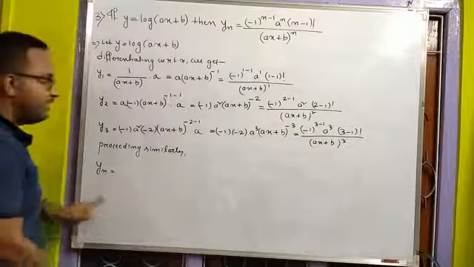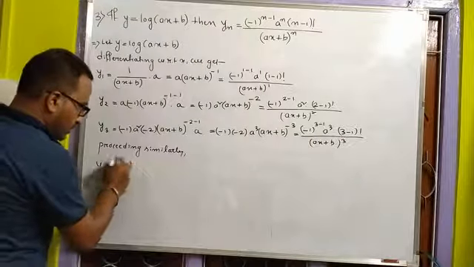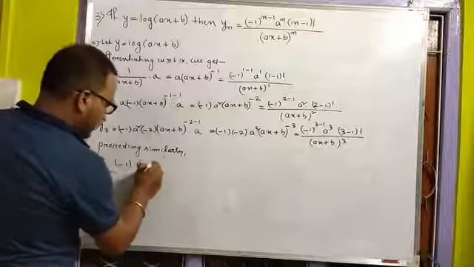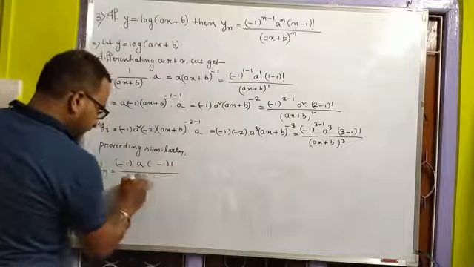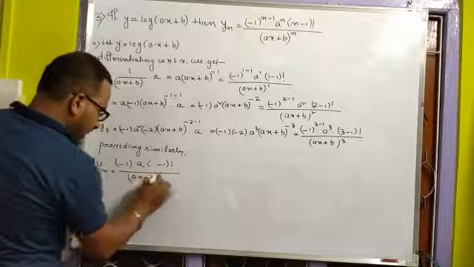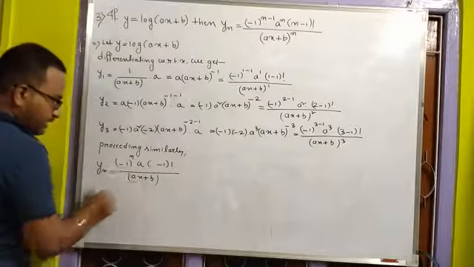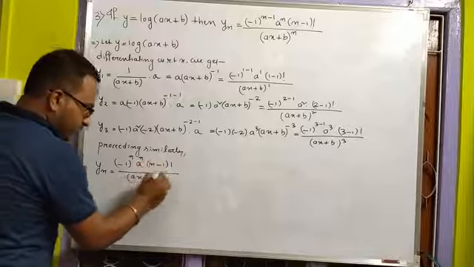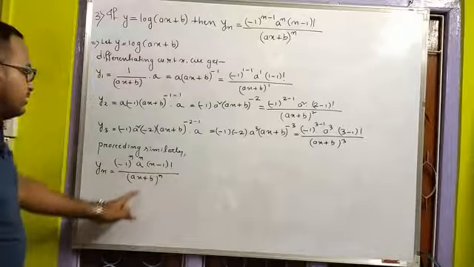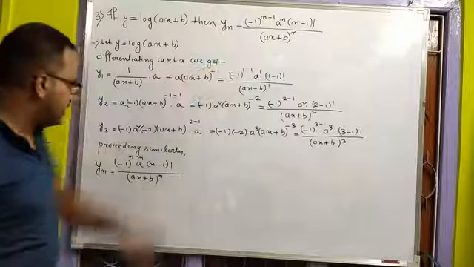So when it is n, it will be minus 1 into a into factorial something minus 1 divided by ax plus b. So as it is n, it is minus 1 to the power n, a to the power n, factorial n minus 1, then ax plus b whole thing to the power n, which is my result. Right? So it is done.